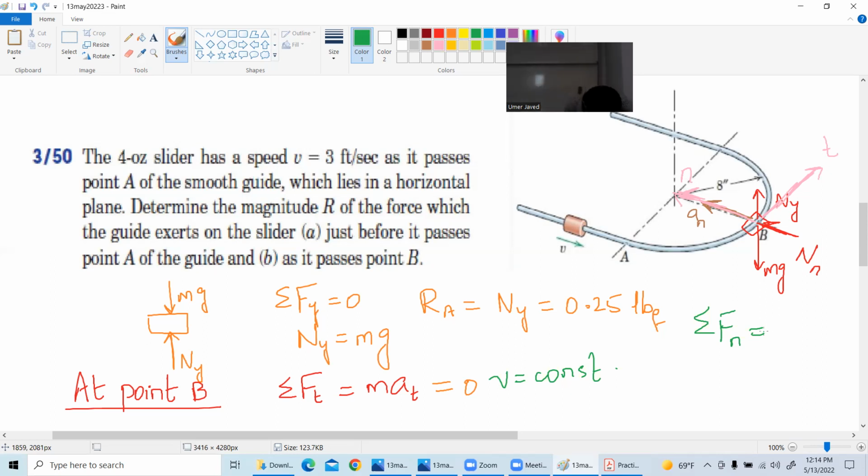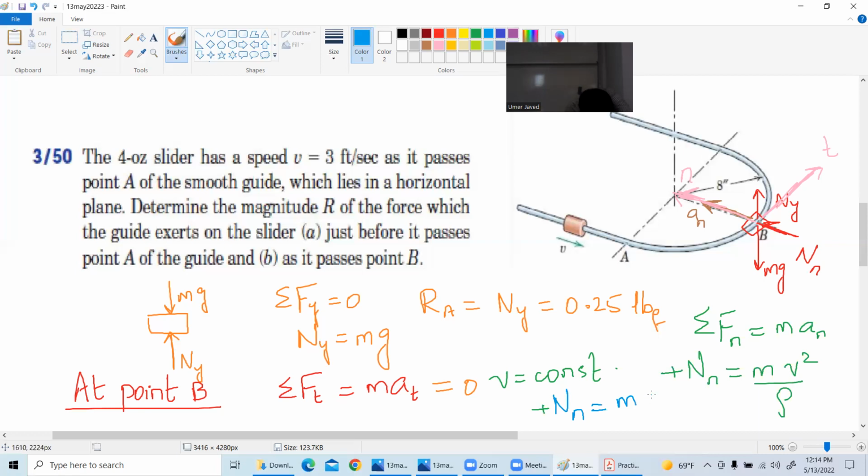Okay, so it will be m a_n, and in the normal direction I have positive Nn equal to m v square over rho. So what is the value of the radius of curvature? There's no net force in the tangential direction, so the acceleration is zero.